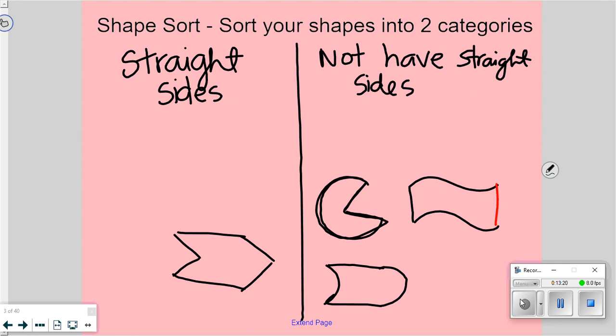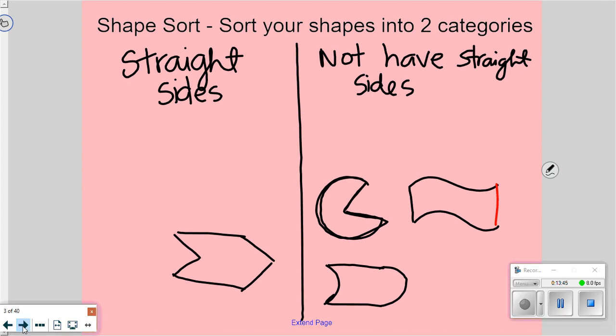Where would you put that shape? Ariana, where would you put that shape? In the not straight sides. Are there some straight sides? No. Maybe. Are all of them straight though? Nope, they are not all straight. All right, mix up your shapes again.